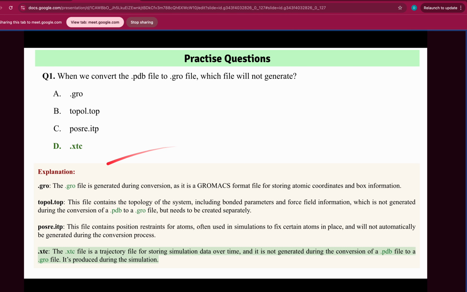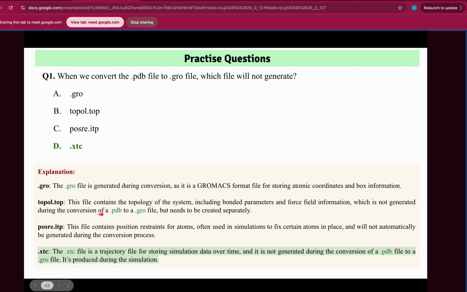The right answer is option D, which is .xtc. The GRO file is generated during the conversion because it is a GROMACS format file which is used to store the atomic coordinates along with the box information. topol.top is a topology file which includes bonded parameters and force field information.